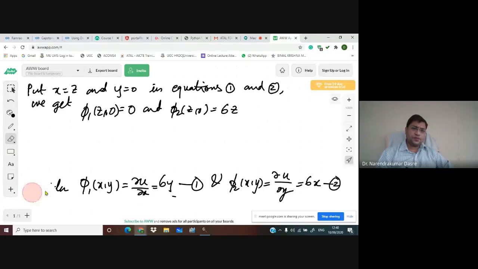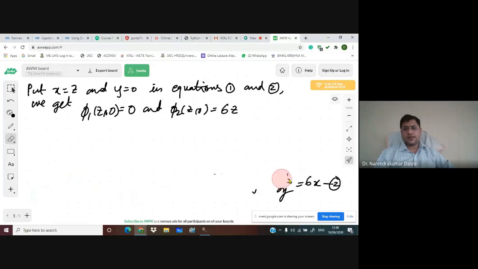So once you got this phi1 and phi2, we are able to use the Milne-Thompson method.